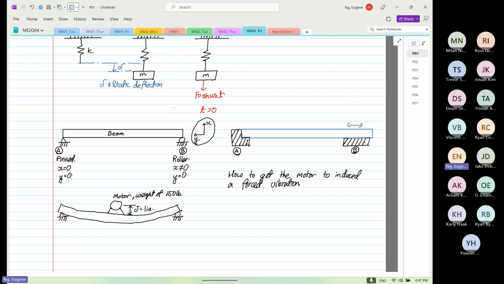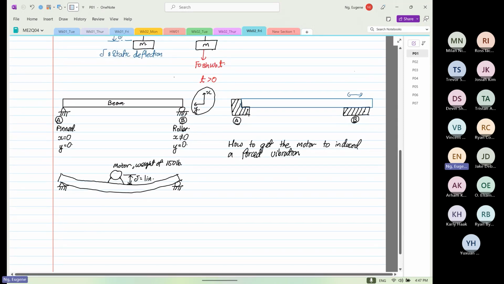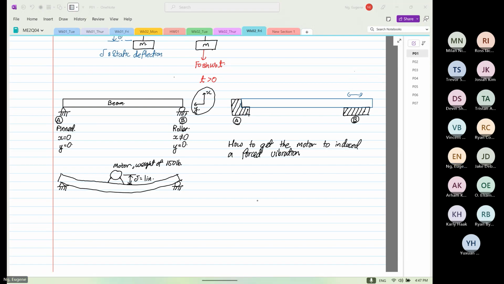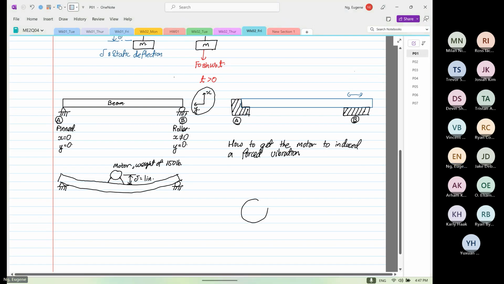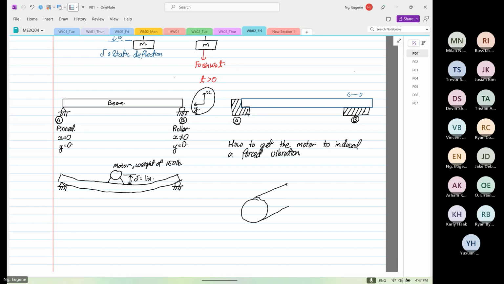So now I'm going to draw, I hope, the motor in 3D. So this is the motor in 3D now. My 3D is a bit off, but you will see something like this.